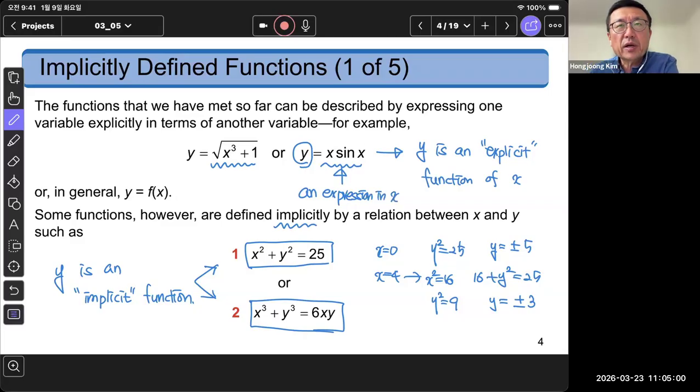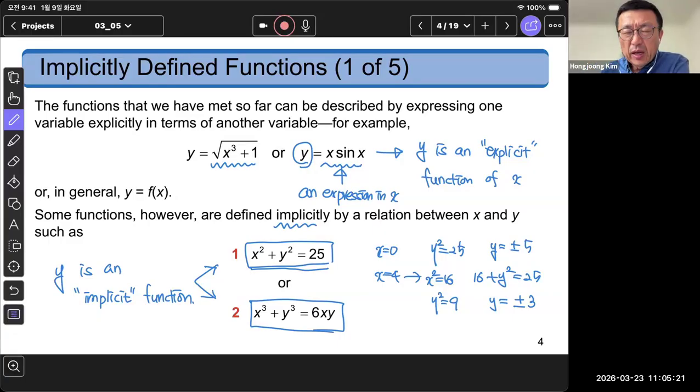In that case, we say y is an explicit function in x. But if x and y are somehow related within some relation, as in equation 1 or 2, we say y is an implicit function of x.